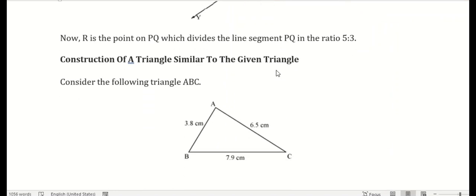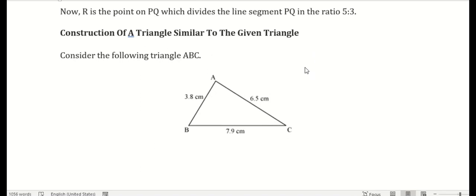Now next, construction of a triangle similar to a given triangle. Consider the following triangles. First of all, you draw the rough as per given instruction, as per given values. Here ABC, right? AB is equal to side length 3.8 centimeter, BC equal to 7.9 centimeter, and AC or CA equal to 6.5 centimeter, right?